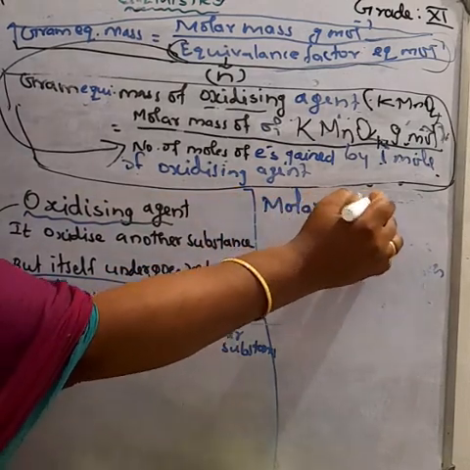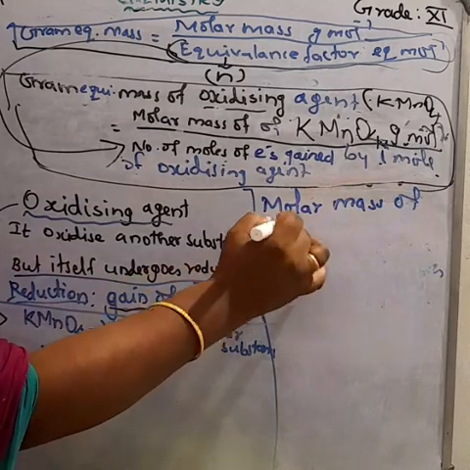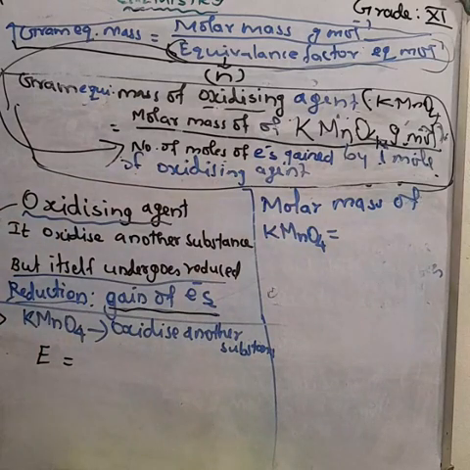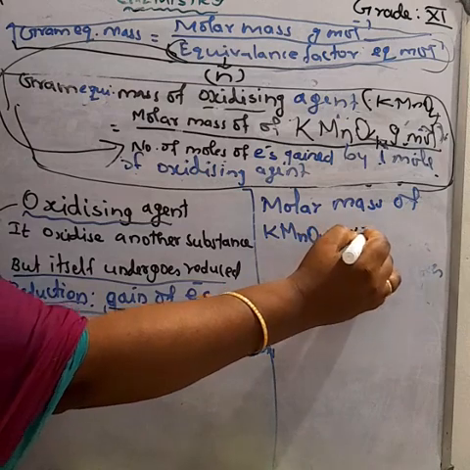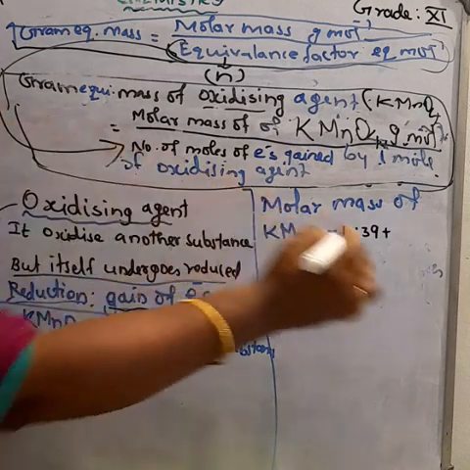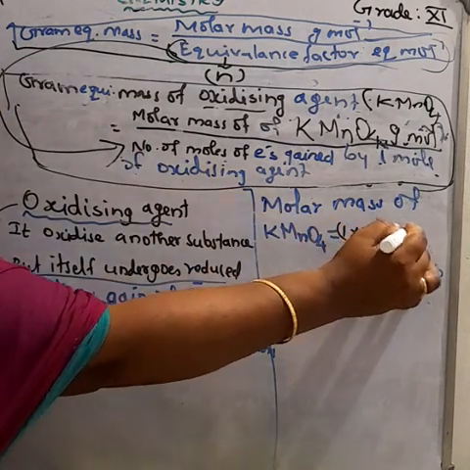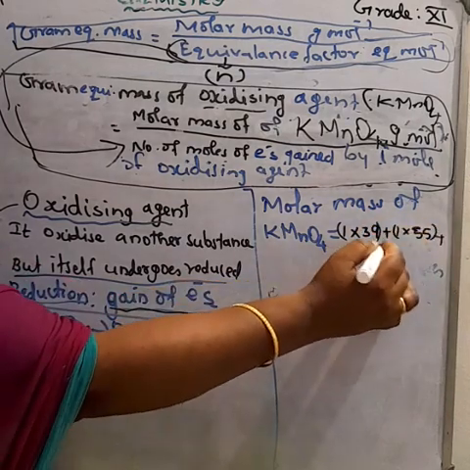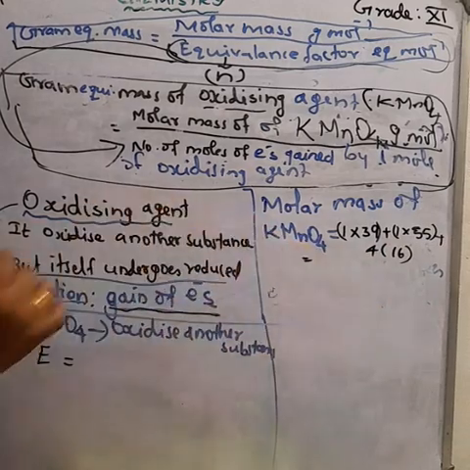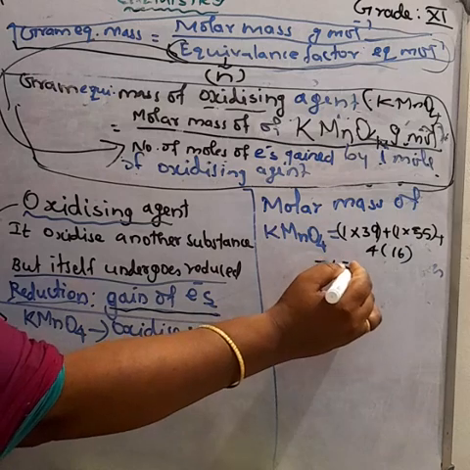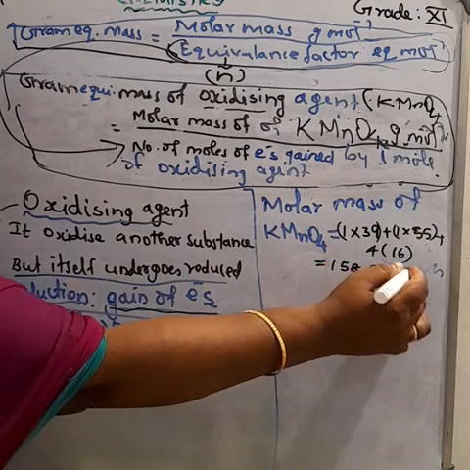Potassium, atomic mass 39, one atom, so 1 into 39, plus manganese, one atom, 1 into 55, plus oxygen, 4 into 16. Adding these, we get 158 gram per mole. This is the molar mass of KMnO4, potassium permanganate.